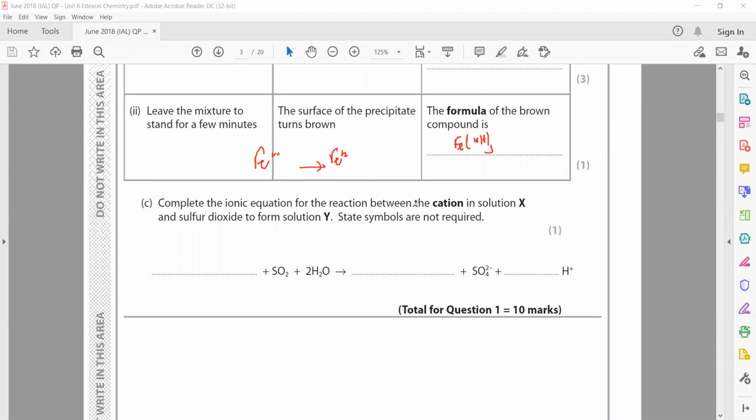Then complete the ionic equation for the reaction of the cation in solution X. What happened is that solution X was having iron 3, which was turning into iron 2. If you want to balance a redox equation, to balance oxygen we add water. To balance hydrogen we add protons, so there should be 4 protons.